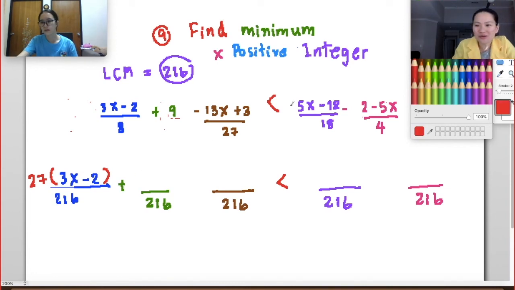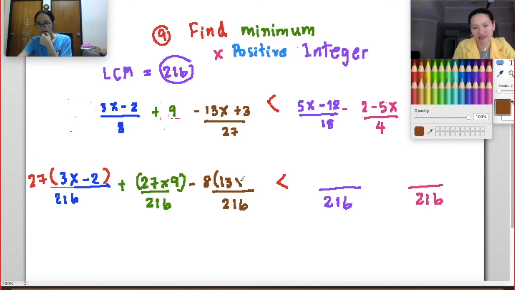It is equal to 27 multiplied with 9. Correct, Jasmine? Yes. You understand this one? Yes. So minus, multiplied with 13x plus 3.